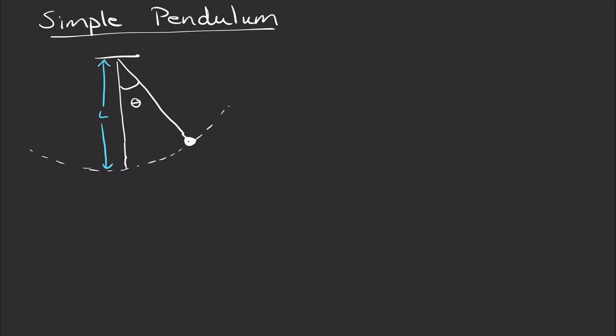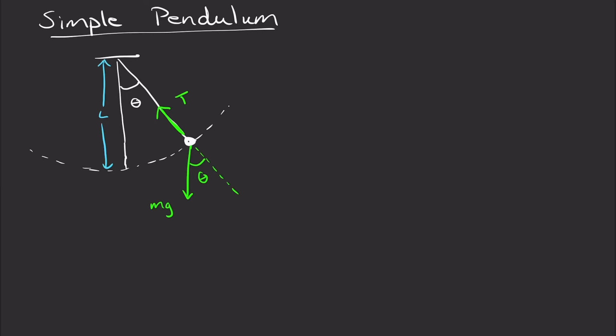And if we look at the forces that are causing this motion, we have tension in this rod that's keeping it from falling down, and then we have the weight of this mass that's pulling it down. Okay, and so if we continue this line from the rod, this angle theta is the same as the angle that the rod makes with the vertical where it's attached at the roof.